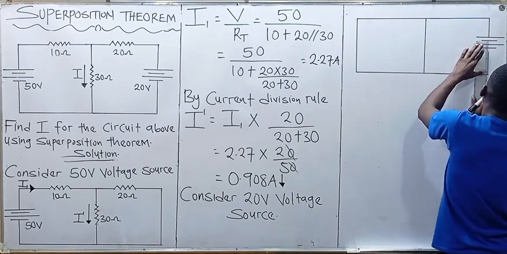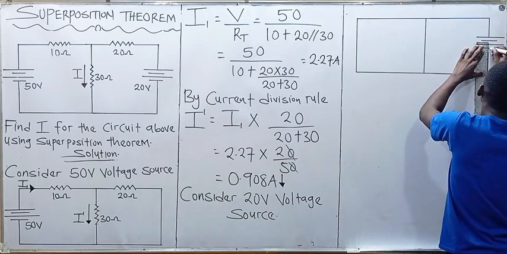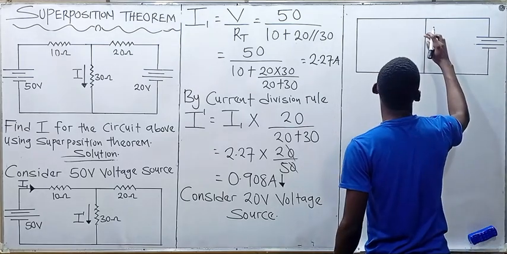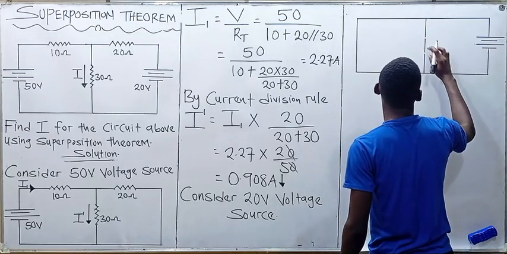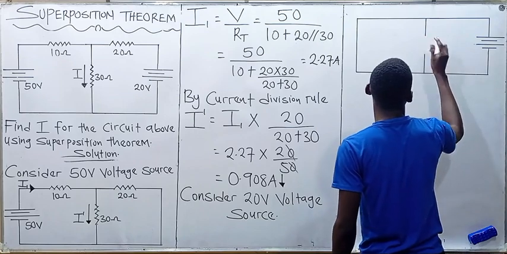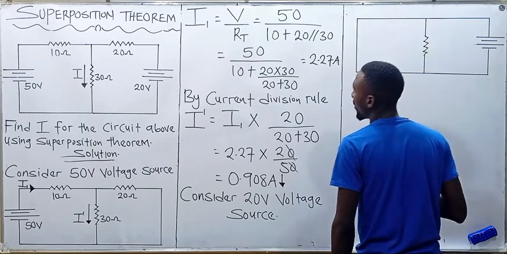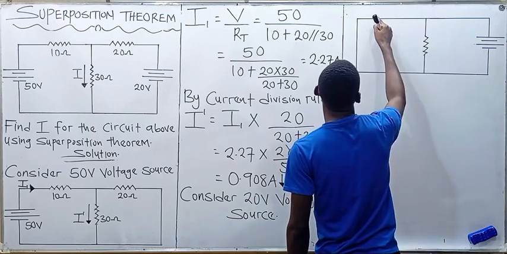All right. So let's join this here. So we are having a resistor here, which is 30 ohms. All right, we're having one here.